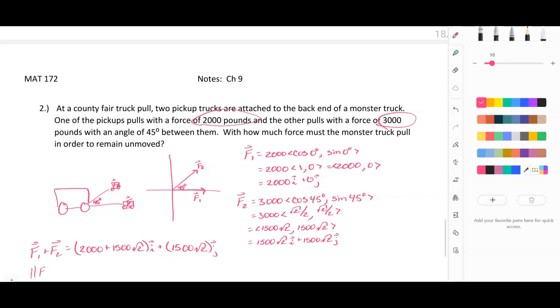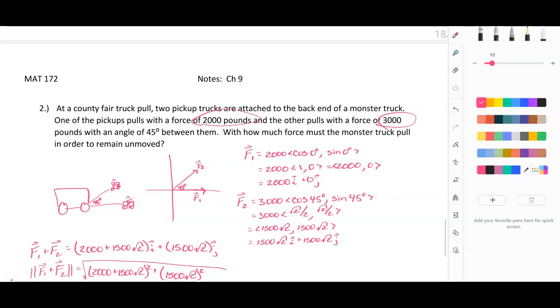And to find the magnitude, it's going to be the square root of that first number squared plus the second number squared. All of that is under the square root. I'm going to do that off to the side on my calculator.